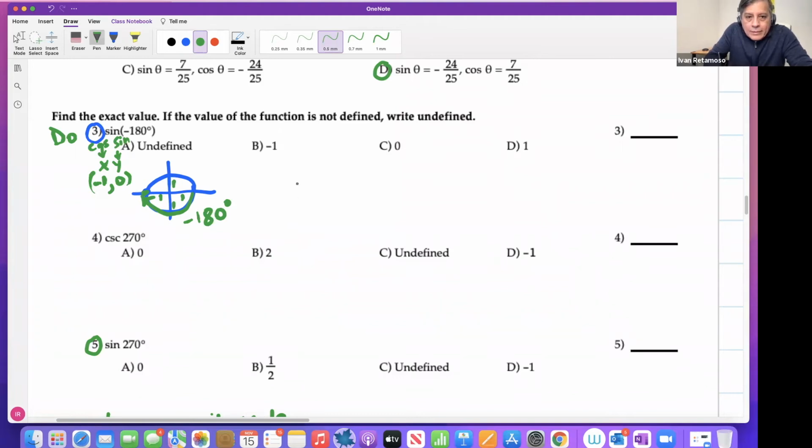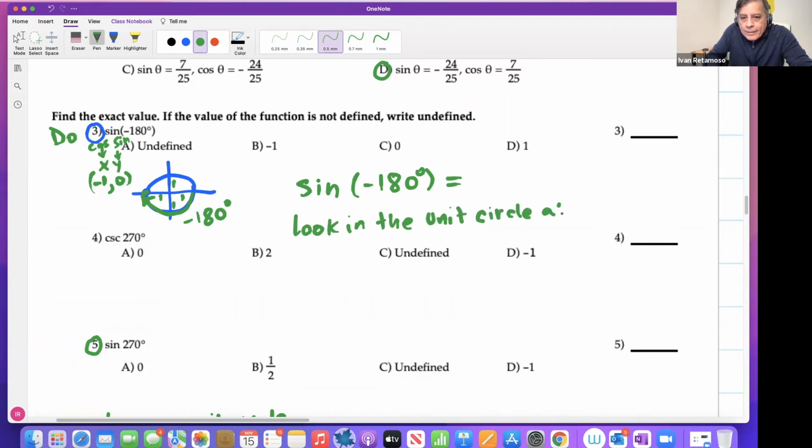All right, let's do it together, guys, so we can move on. We are looking for sine of negative 180 degrees, right? So look in the unit circle at the second coordinate, right?